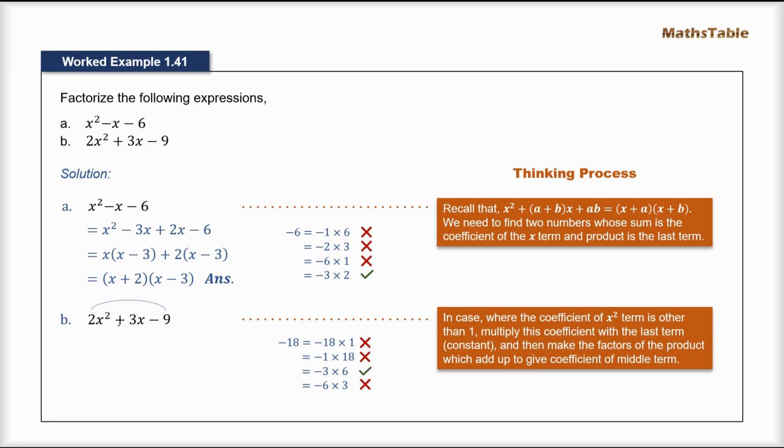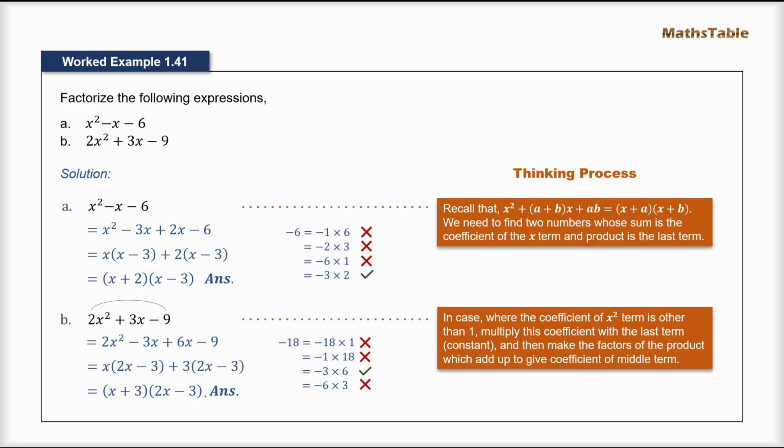So now what we'll do is we'll break this plus 3x into minus 3x plus 6x, and then we'll apply the same method of factorization by grouping in this expression, and hence we'll obtain the final simplified factorized form of this expression, x plus 3 times 2x minus 3.